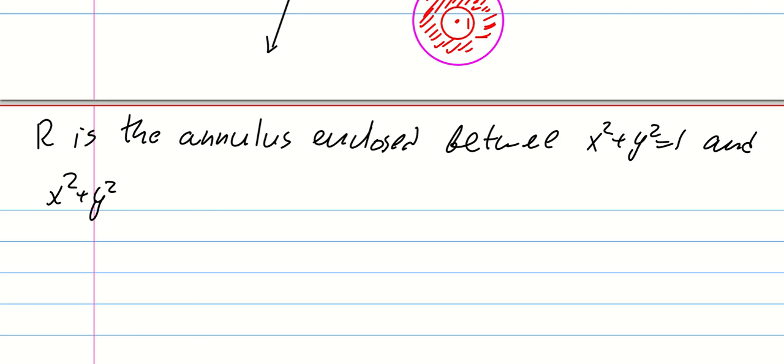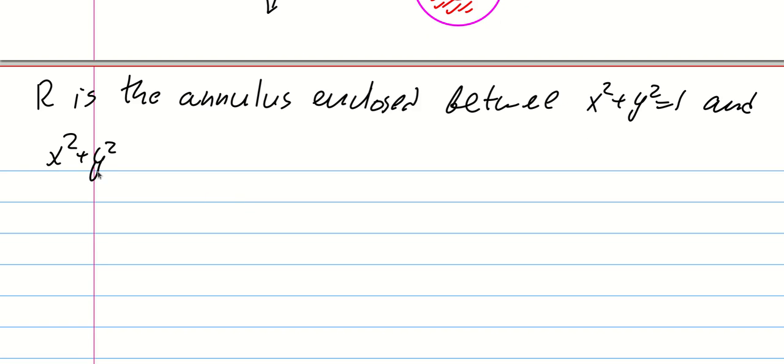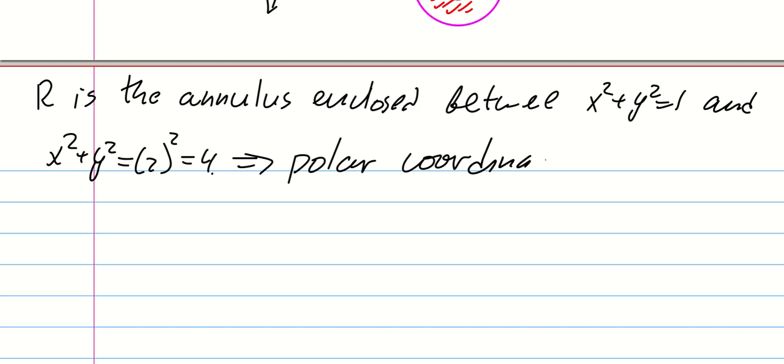That's not really right. The radius is 2, but for x squared plus y squared the radius has to be squared, so it has to be 2 squared, which is 4, right? Okay, so circle, circle, annulus, polar coordinates. Okay, so we use polar coordinates.